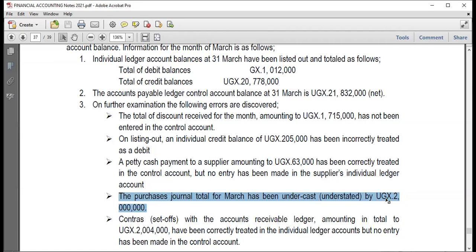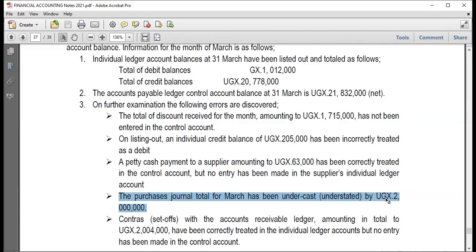Understand that the purchases journal being understated will definitely have an effect on our accounts payable control account.